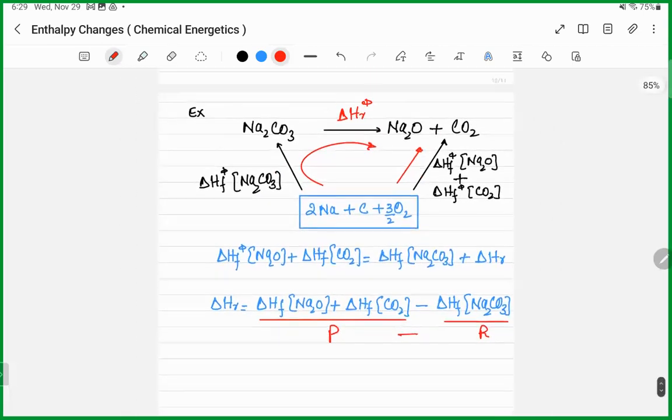So that's how you have to draw the energy cycle, and you can write the Hess law for any given cycle.